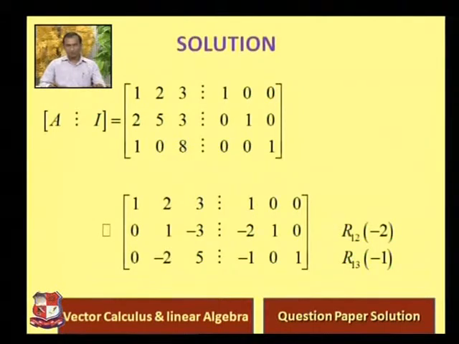Using this 1 in the first row, first column, we convert the 2 below it into 0, so apply R2 minus 2 R1, that means multiply the first row by minus 2 and add it to the second row. So it's 0, and similarly for the other rows. So we get the second row as 0, 1, minus 3. Similarly in the identity matrix, we get minus 2, 1 and 0.